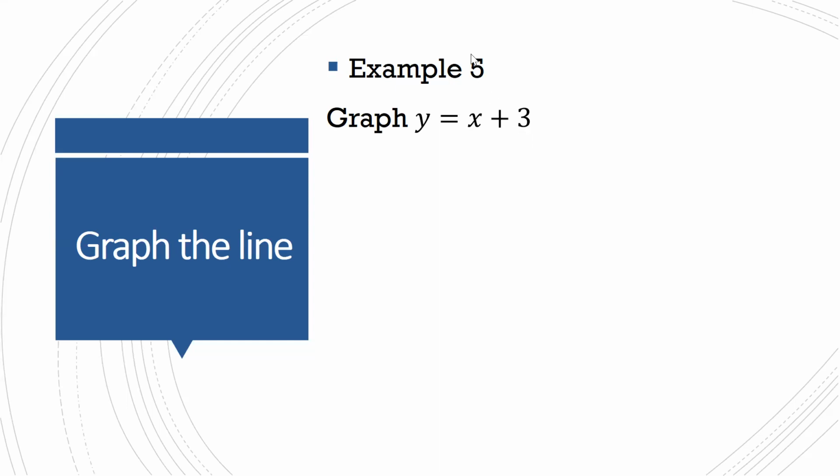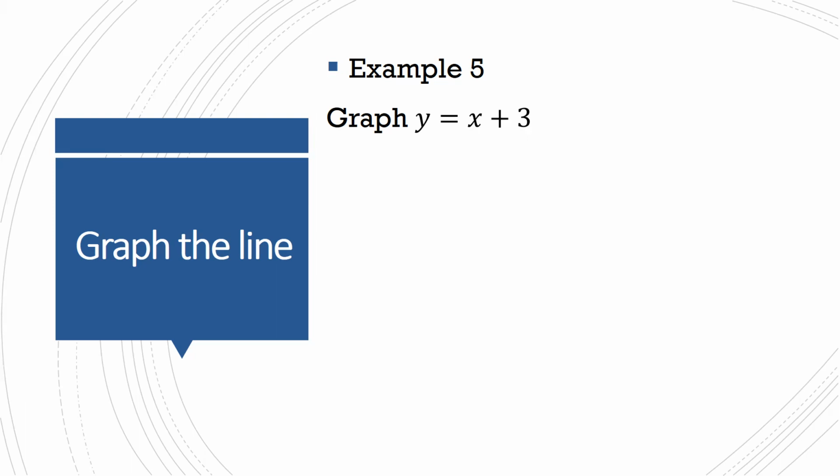Let's do one more example. Here we want to graph the line y equals x plus 3. I already have y equals on the left-hand side of the equation. And so this is in slope-intercept form already.